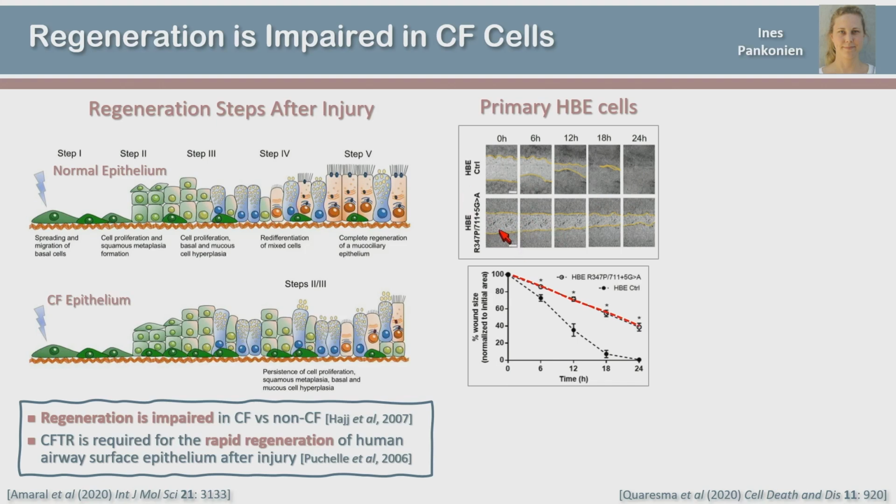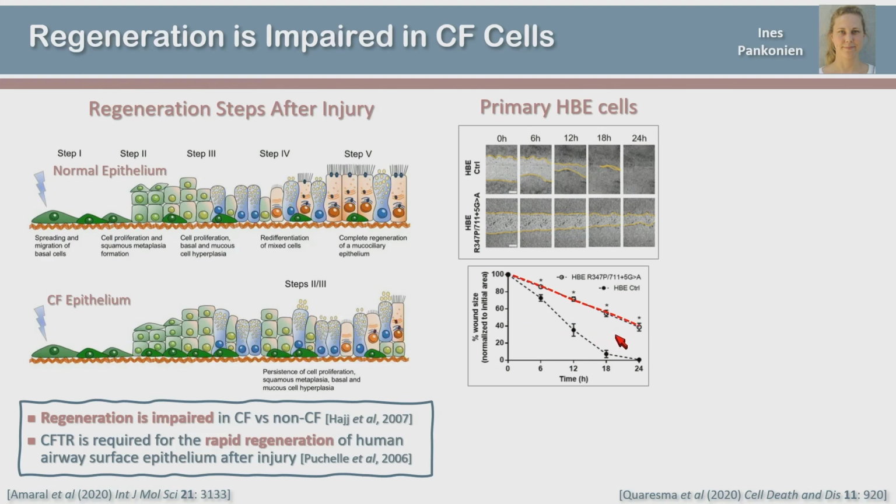So for the CF cells, approximately the same wound, if anything a little smaller than that one, it's still not closed after 24 hours. So we can actually put in a graph the rate of closure, and this is done automatically, and we can see that the CF cells actually have delayed closure, because after 24 hours, there's still some area which is not covered by cells.